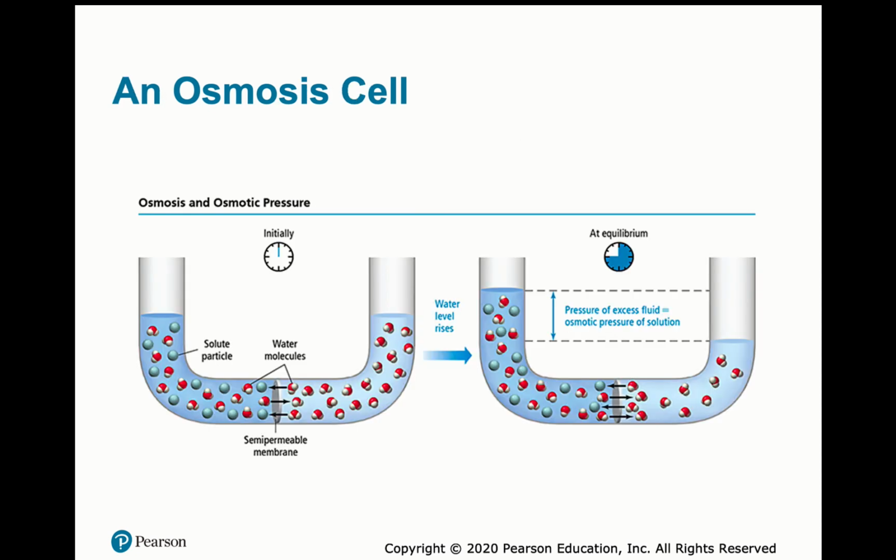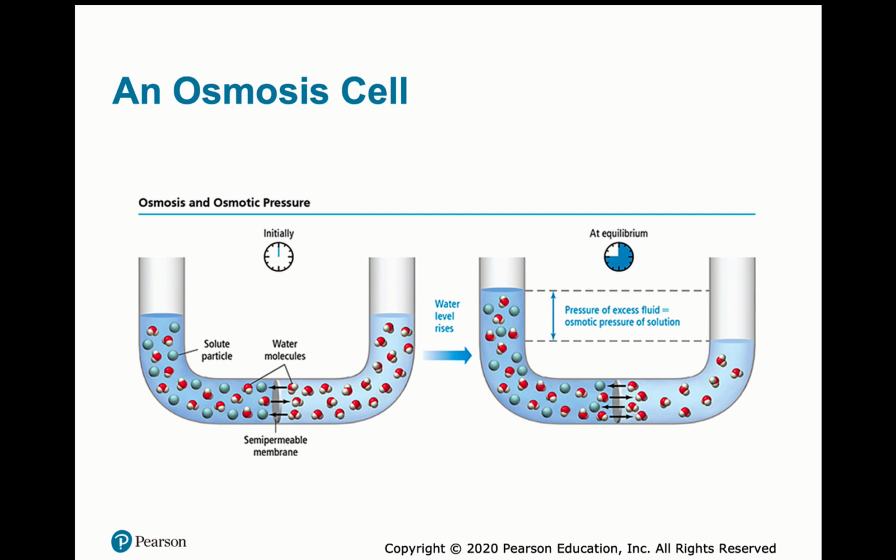So here is the osmosis cell. You have a solution on the left, and then the pure solvent on the right, and then you have a semipermeable membrane. What happens is the solution draws some of the solvent particles in, and then there's a pressure.